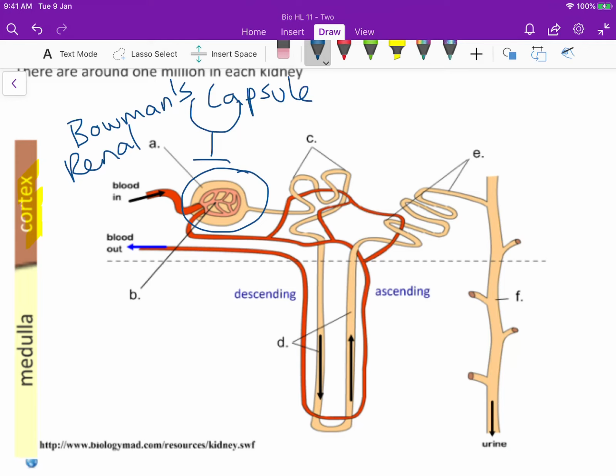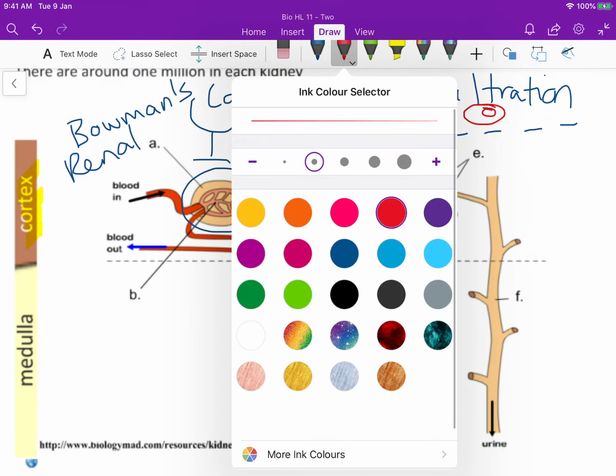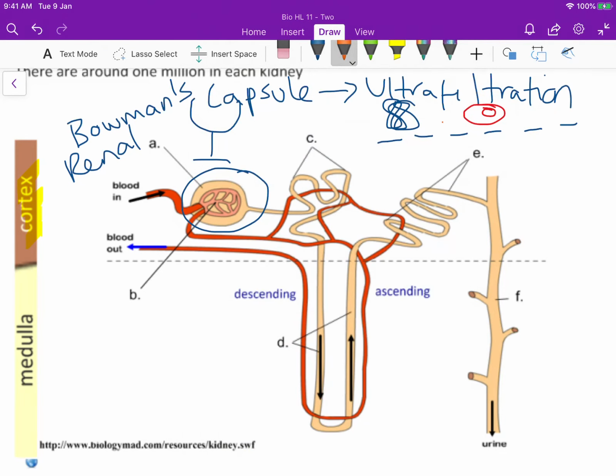This is where we're going to get the first process, which is ultrafiltration. If we think about a filter, this is the process where we have gaps, and big things get stuck because they can't get through, but smaller molecules can pass through those gaps.